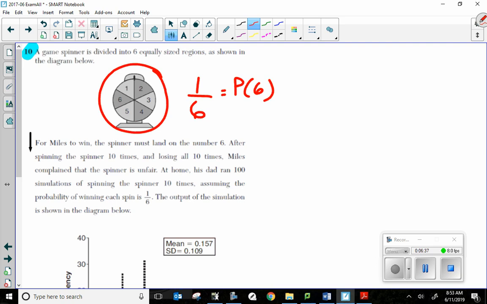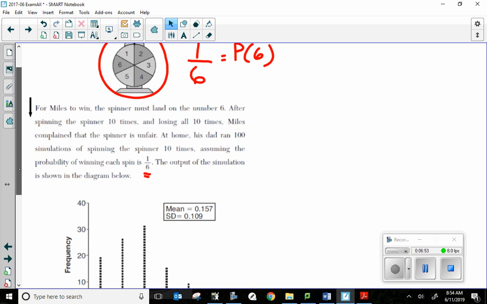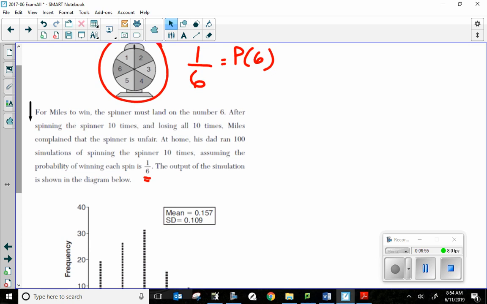So Miles does this 10 times, doesn't win once. He's like, dude, it's not fair. That should happen at least once, and according to the probabilities, it should. But his dad is like, well, this is a math opportunity. Maybe his dad's a math teacher, who knows? And he does a simulation. Spins it 10 times, assuming the probability of landing on 6 is 1/6.